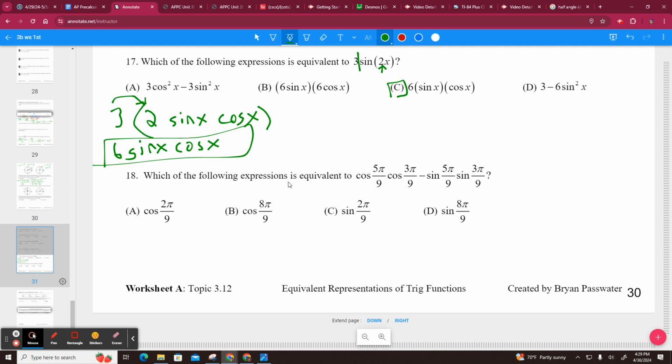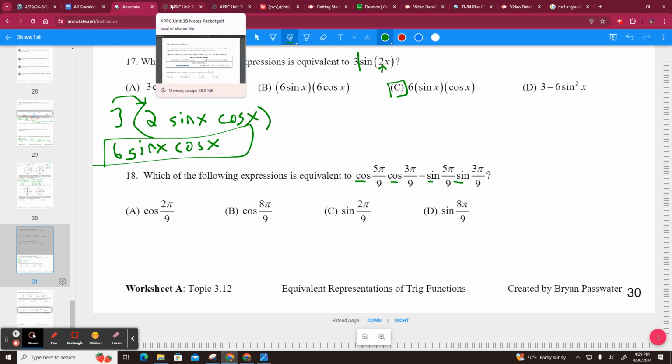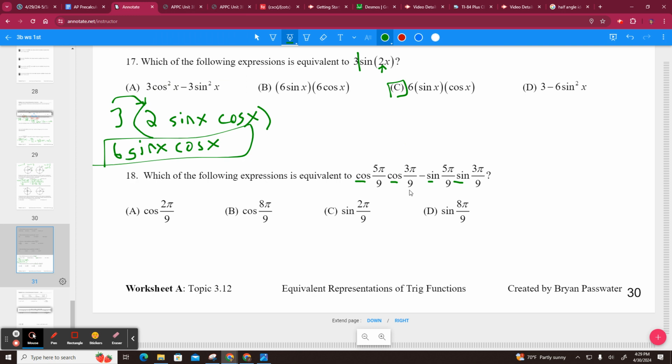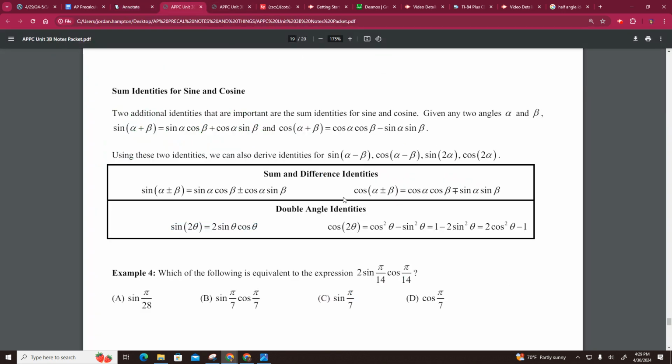And then for this one, it wants to know which of the following expressions is equivalent to these. So I highlight those on purpose because I know this is going to be one of my sum or difference, but it's cosine cosine minus sine sine. Cosine cosine is what cosine looks like. So that's the formula for cosine. So if it's cosine and cosine back to back, it's going to be the cosine.